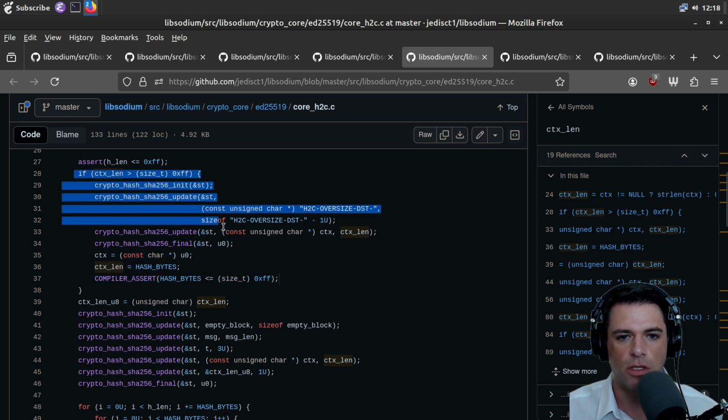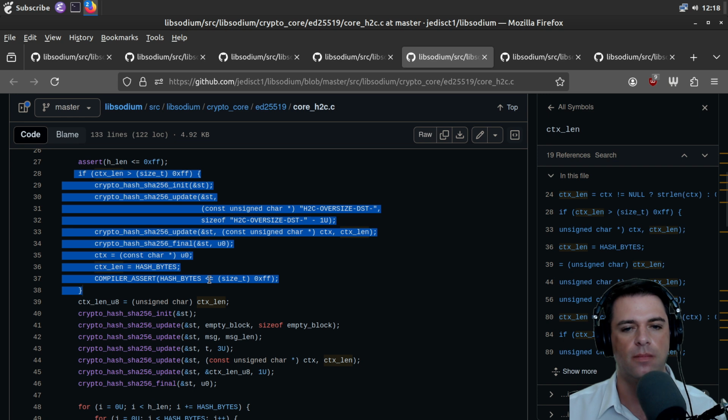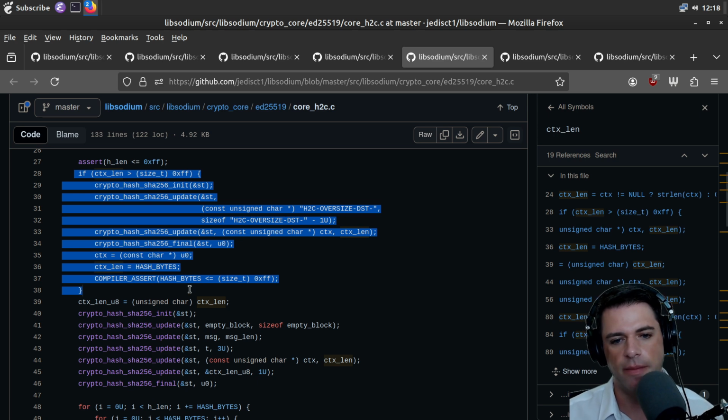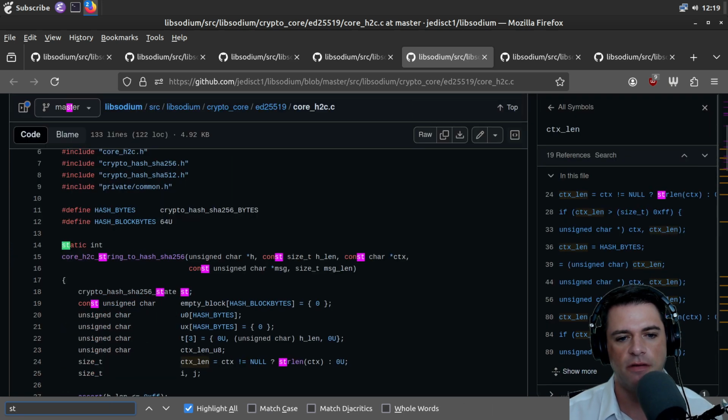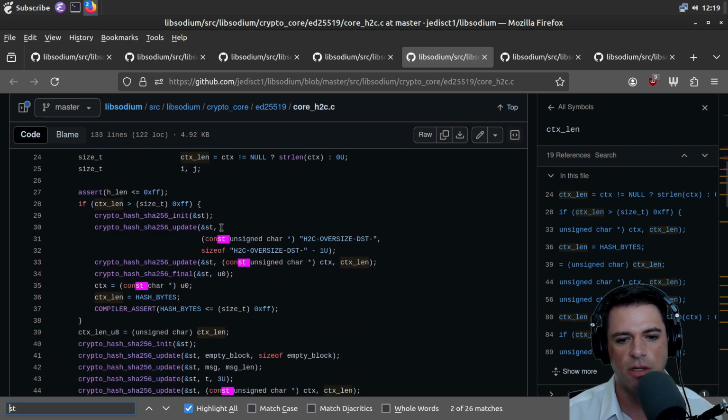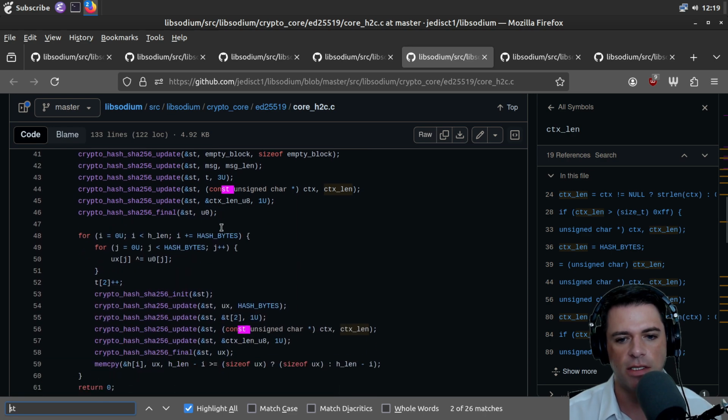I'm not really sure exactly what's going on here, but this seems to be maybe some condition about the things being longer than the number of bytes that the hash wants to return, perhaps. And if we get down here, then we initialize the hash function. Let's see if I can figure out where ST came from. I think it might be just something that we have access to as part of the class.